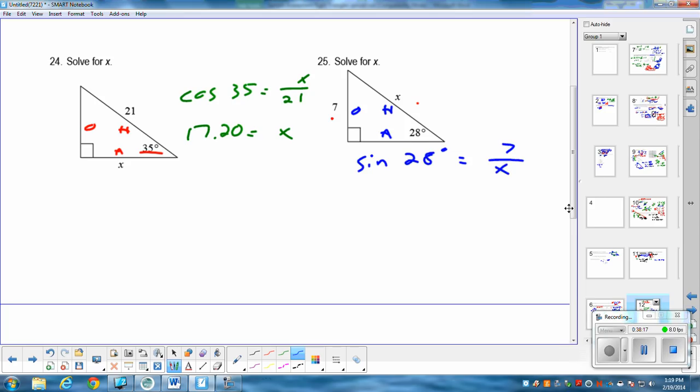We're going to multiply both sides by x and divide both sides by the sine of 28 degrees, remembering in the back of your mind that the sine of 28 degrees is an actual number, and it is not just 28. Calculator tells you that this is 14.91.